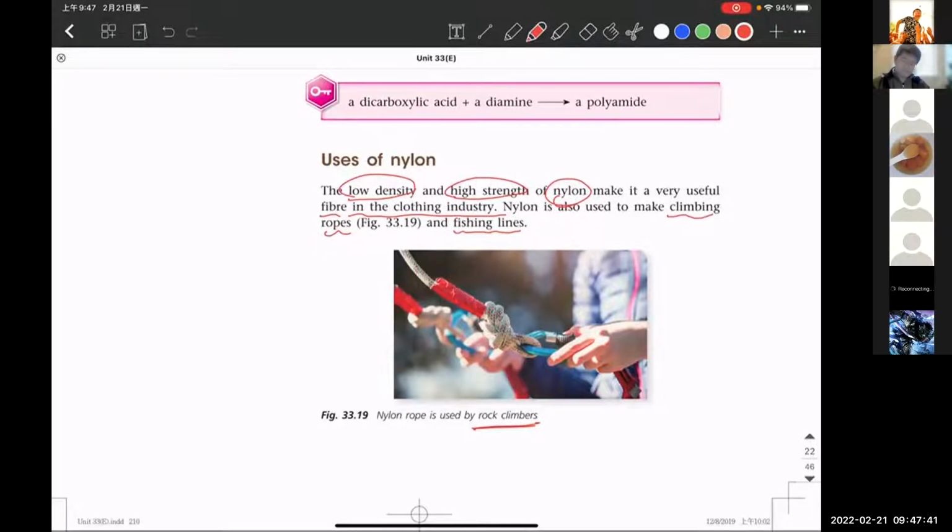Do you know why? It's tough. Also, nylon can be used as a material for making posters. What I mean is a banner, the plastic banner. They'll usually use this because they are quite waterproof. Do you know it?